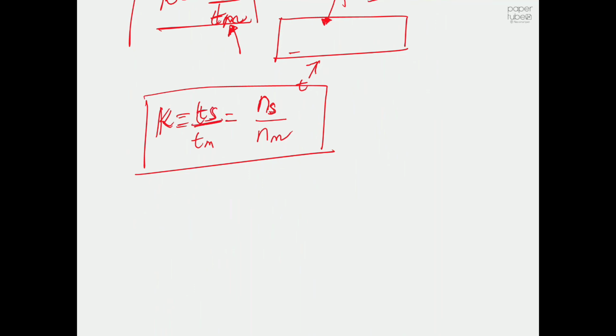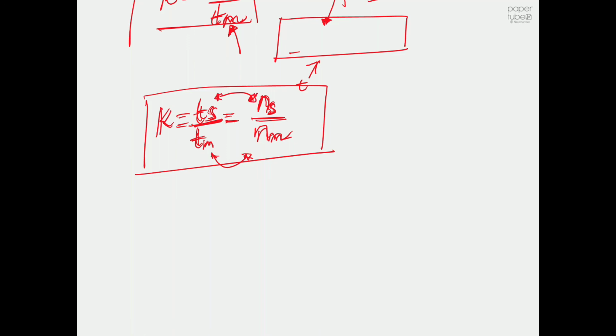The time spent by the analyte in the stationary phase divided by the time spent by the analyte in the mobile phase, at any instant of time, will be equal to the number of molecules of analyte A in the stationary phase divided by the number in the mobile phase, because these both are directly correlated.